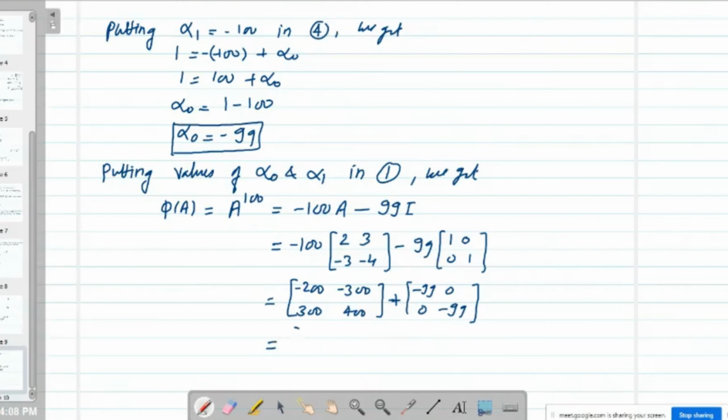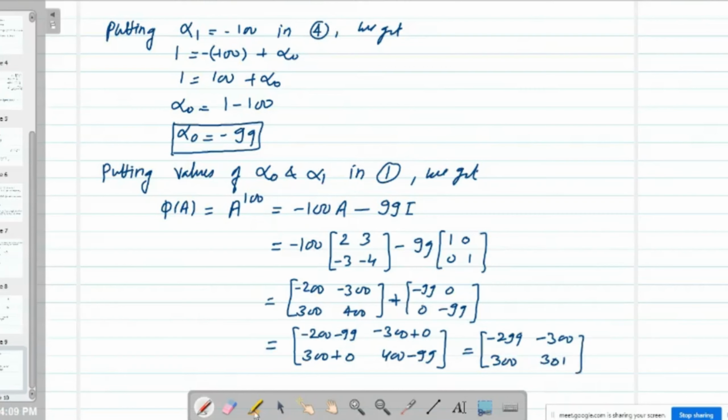Now solve this. So minus 200 minus 99, then minus 300 plus 0, then 300 plus 0, 400 minus 99. Let's solve it. Subtract, how much do you obtain? This is minus 299, minus 300, then 300, and then 301.